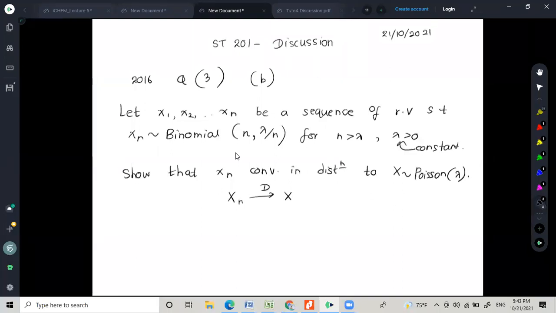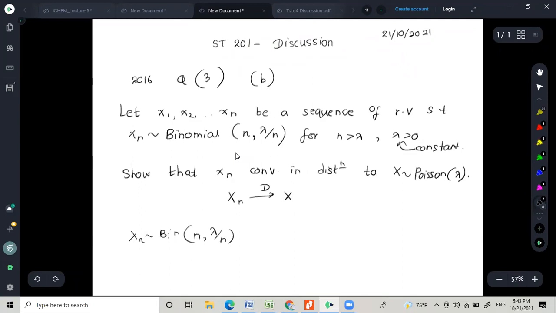Now, when you know that xn is binomial, how do you write it? Again, the density functions were given as a supplementary table in this exam. Anyway, if xn is binomial with these parameters, then we know how to write the PMF.